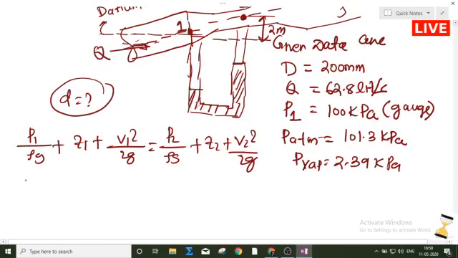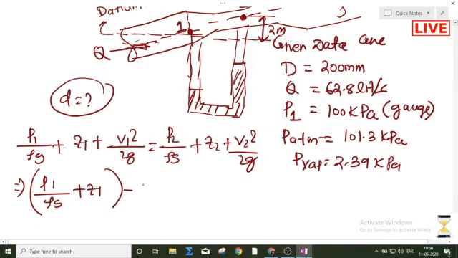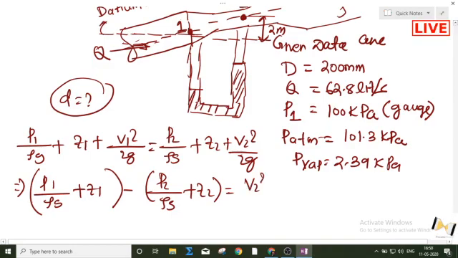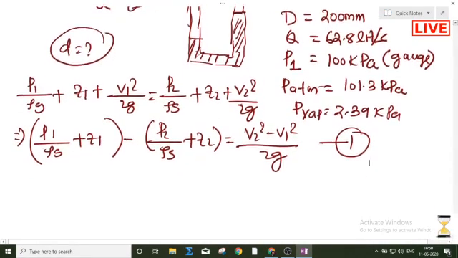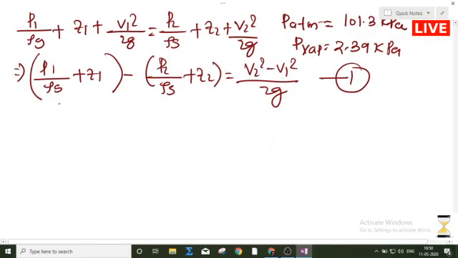Now P1 by rho g plus Z1 minus P2 by rho g plus Z2 will be equal to V2 square minus V1 square by 2g. I am taking this as equation 1. In equation 1, if you can find out the piezometric head difference, then we can find out, there is no problem.